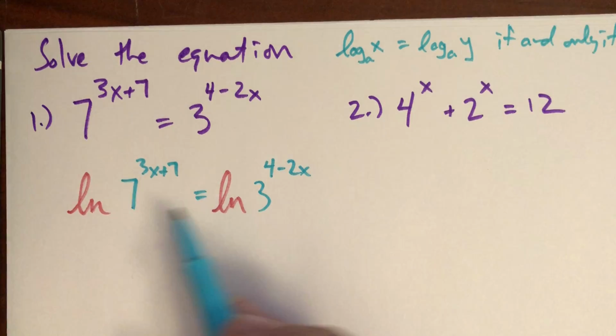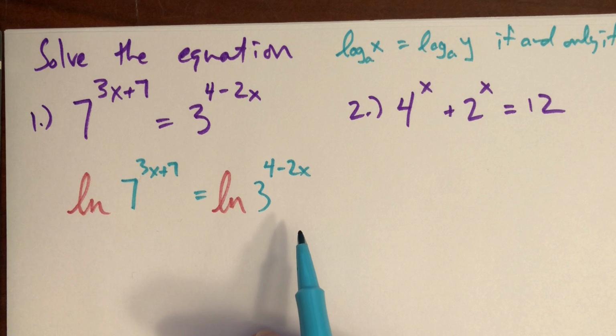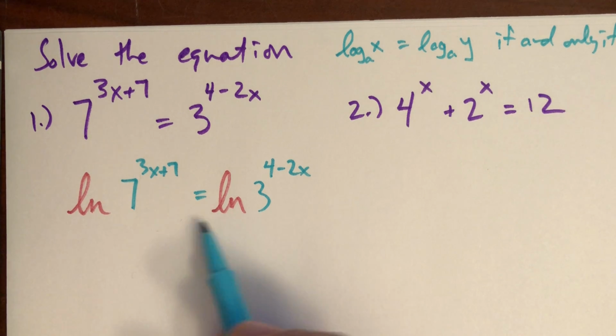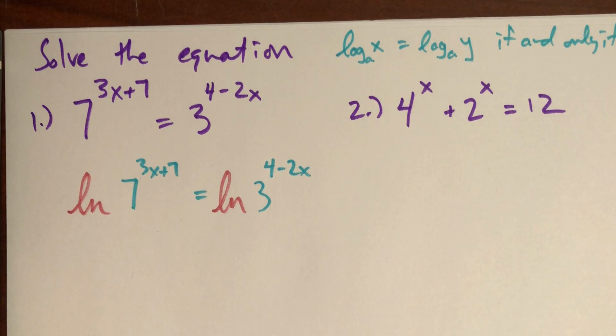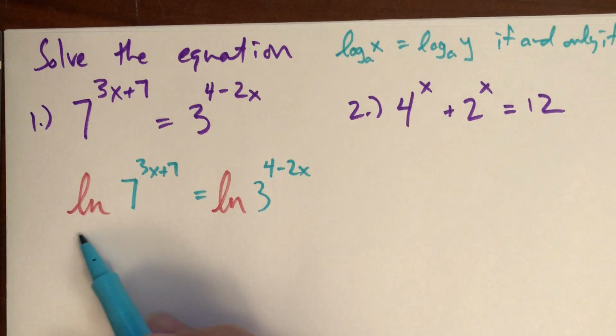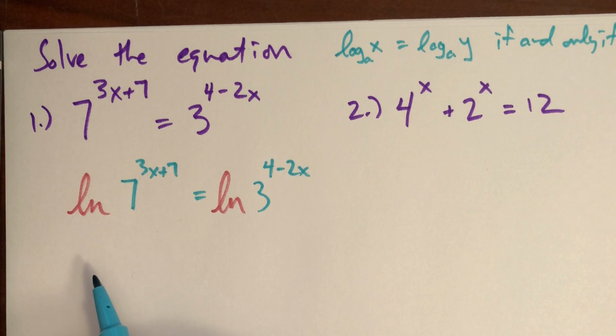If these numbers are the same, then their natural logs would be the same as well. You can use common log here, or you can use log of any legal base you want. Usually we're going to use the common log or the natural log because it's less to write, and we're kind of lazy and we don't want to write very much.